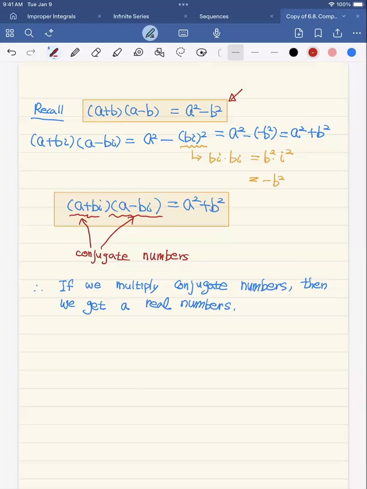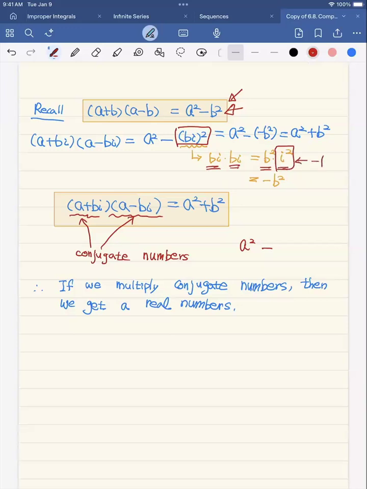And then by using this formula, we have a squared minus bi squared, which is here. And that means bi times bi. So that's b squared times i squared. This i squared is minus 1.